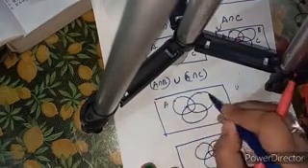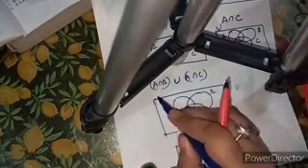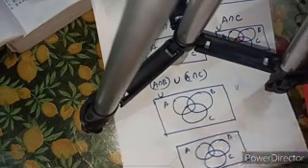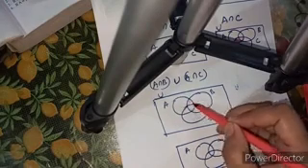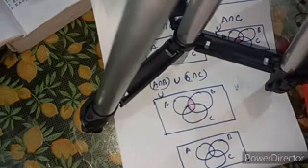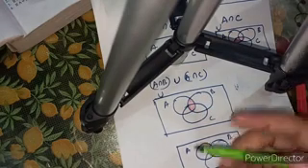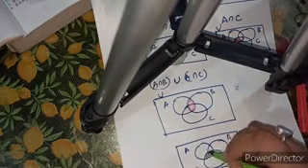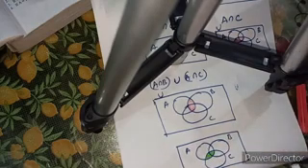So A intersection B, and A intersection C. A intersection B is this part, isn't it? And A intersection C will be this part, isn't it?